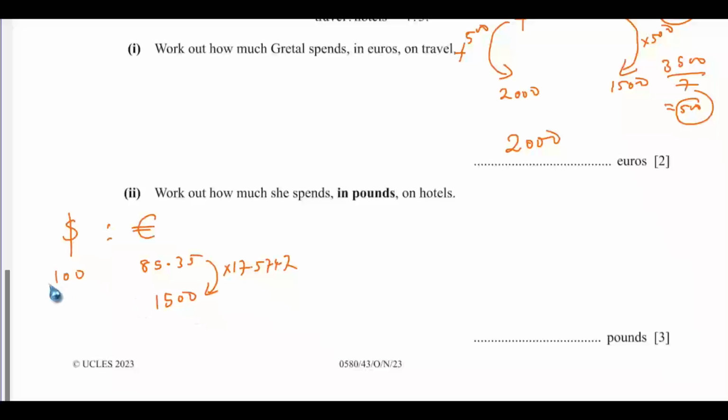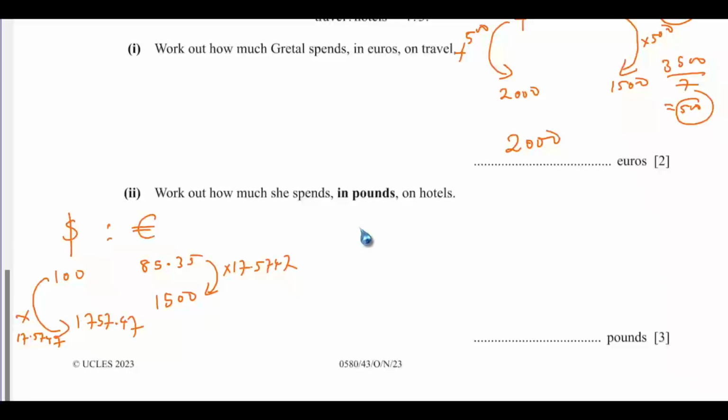So we need to do the same thing on this side, times 17.5747, and that will give us 1757.47. So that means 1,500 euros is equivalent to $1,757.47. Finally, we need to convert the dollars to pounds.